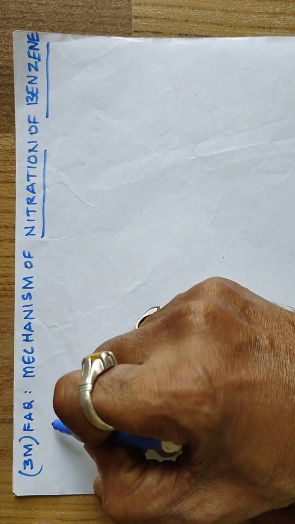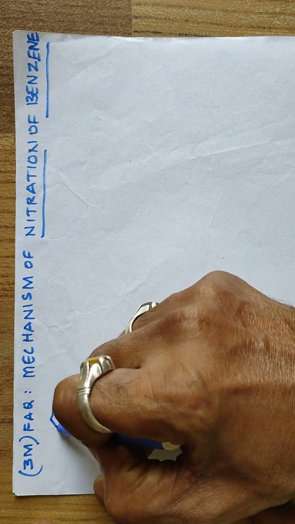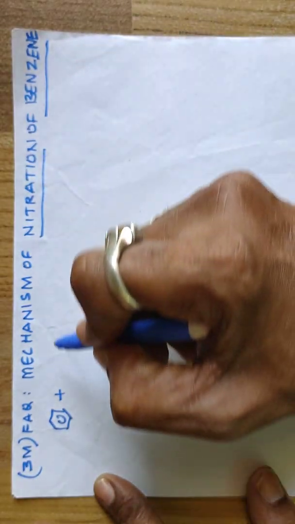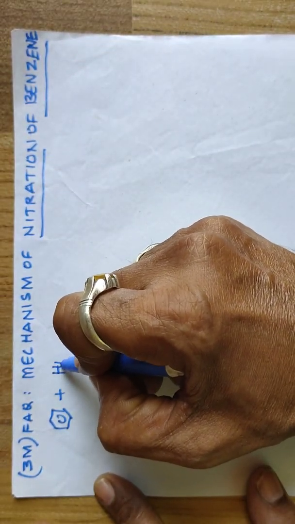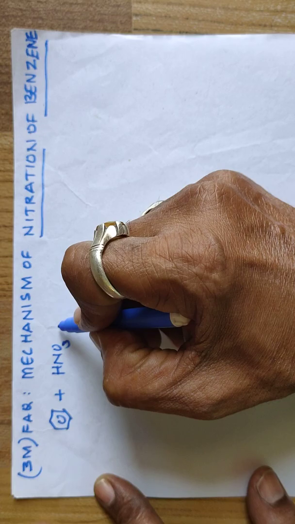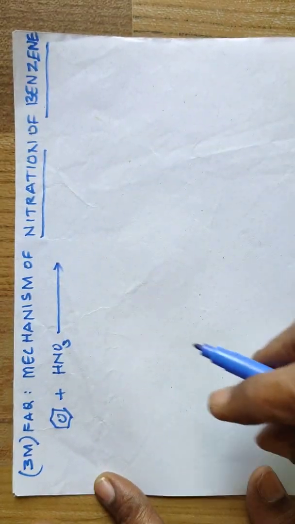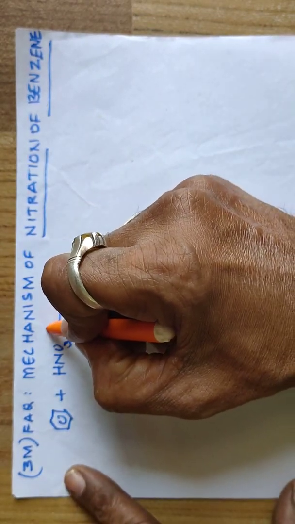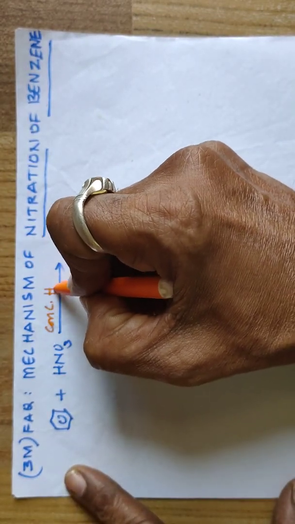First of all, the general equation is to be taken. Benzene reacted with the nitration mixture, which is concentrated nitric acid and concentrated sulfuric acid.